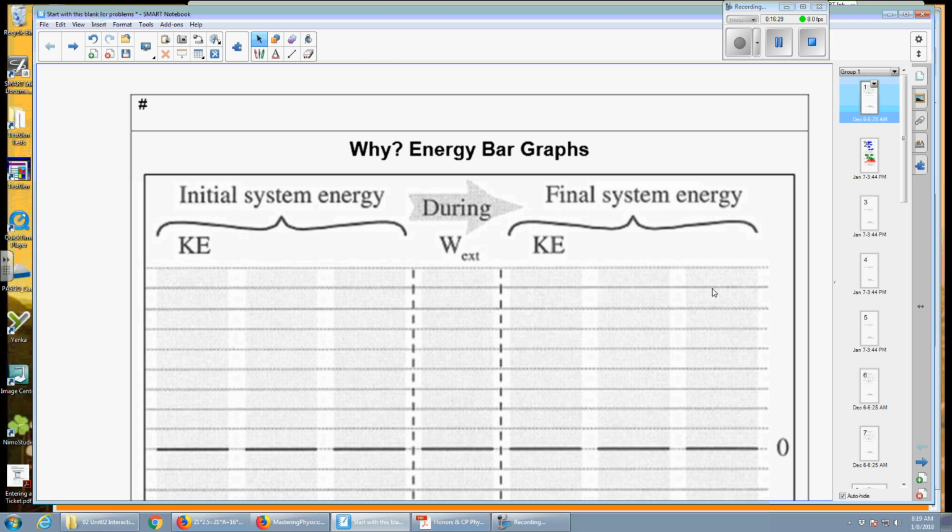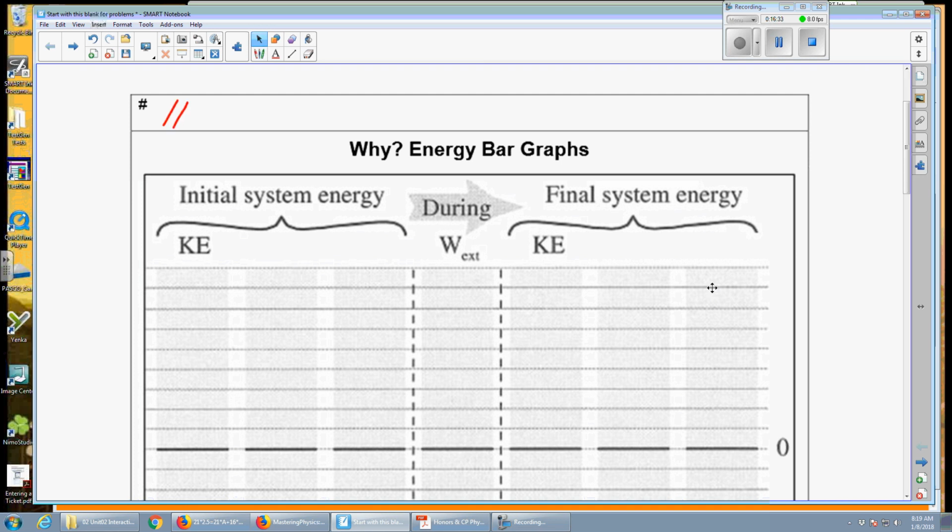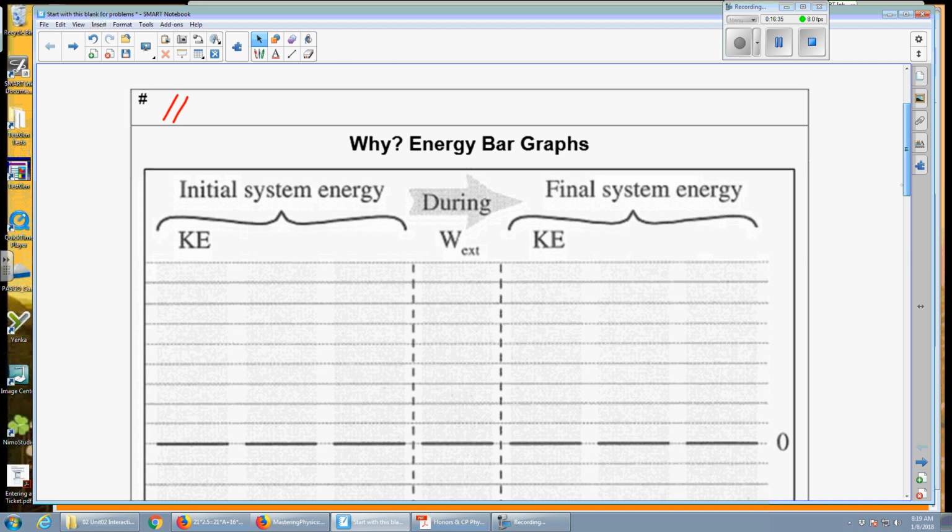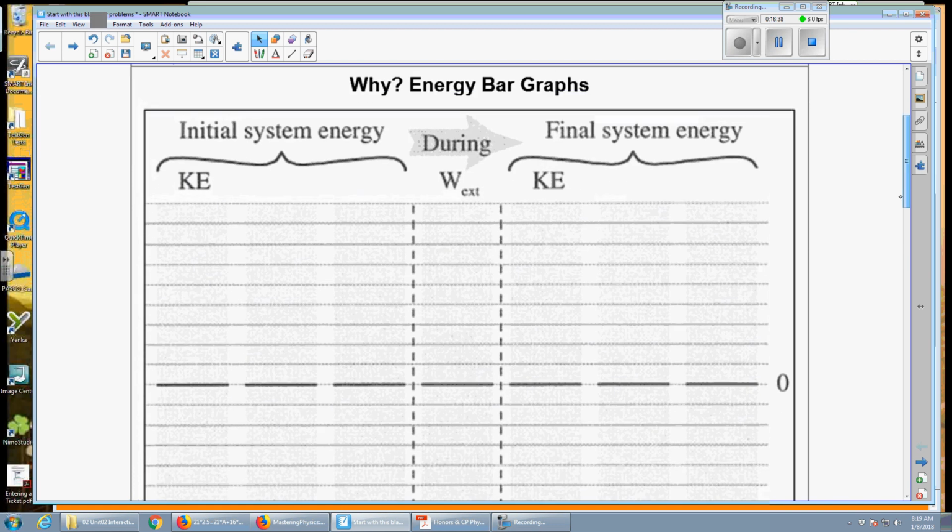All right, so number 11 here. And so let's see. The initial, it's going to have some PE grav. Remember, if I add that to one side, I have to add it to both.